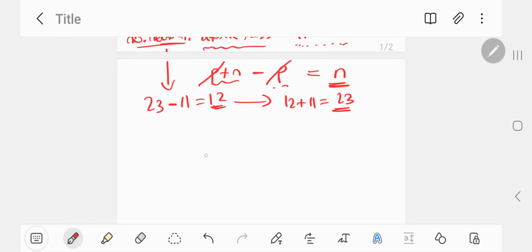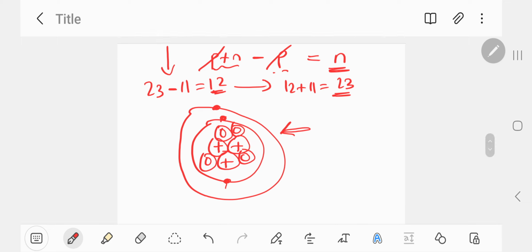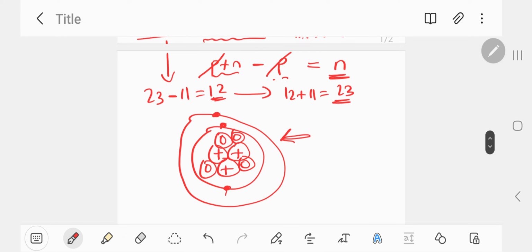So if they ever give you a diagram of, let's say, this, 1, 2, 3, 1, 2, 1. So this is an atom they give you. My bad, put 4 neutrons here. And they ask you what element this is. Well, let's count the electrons. The easiest thing to do is count the electrons. There's 3 electrons.